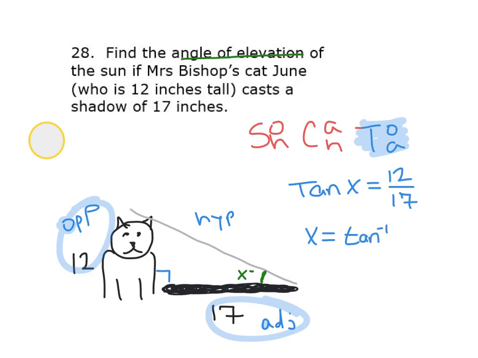We're looking for that -1. 12 over 17. You can go ahead and type that in, and you get your answer. Remember here, we are rounding to our nearest whole number. So it's going to be about 35 degrees.